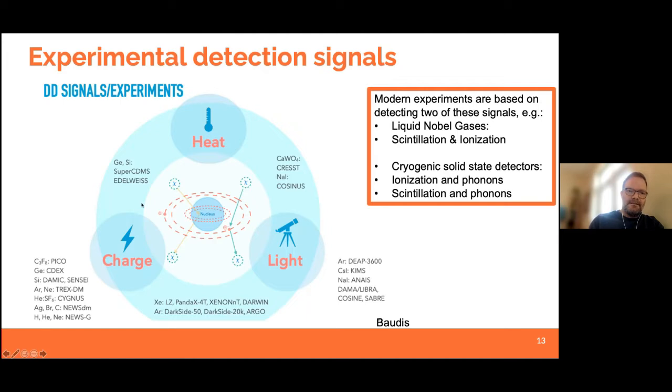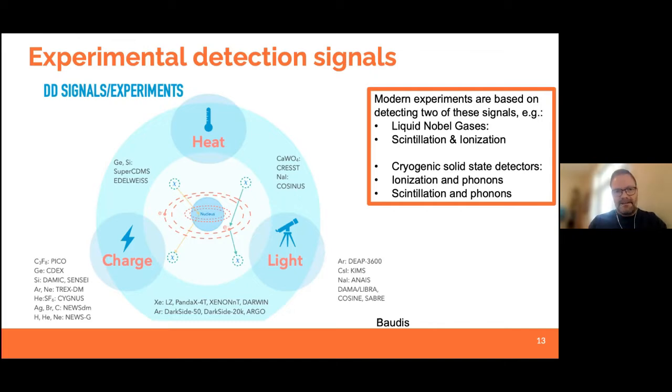Then for the cryogenic solid state experiments, for example SuperCDMS and EDELWEISS, you get heat, so you can detect the phonons in the crystals, and you get ionization. And then CRESST, for example, has a different approach where you get the phonons, and in addition you get scintillation light.